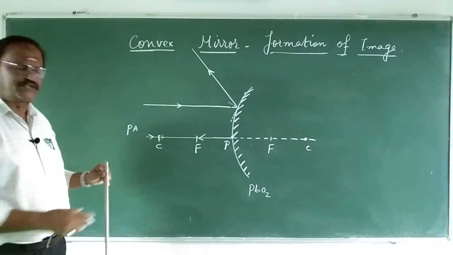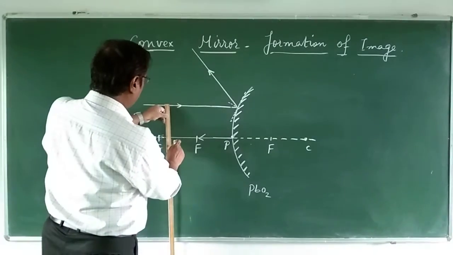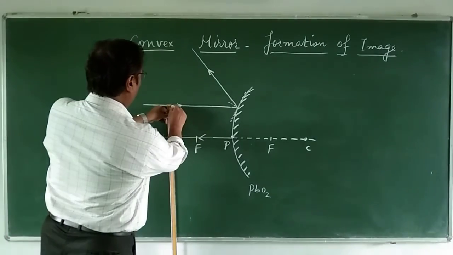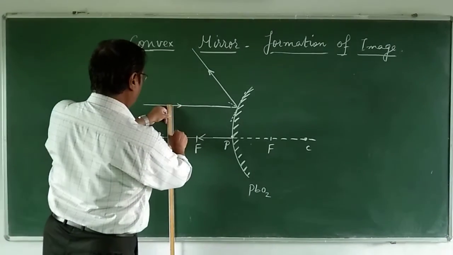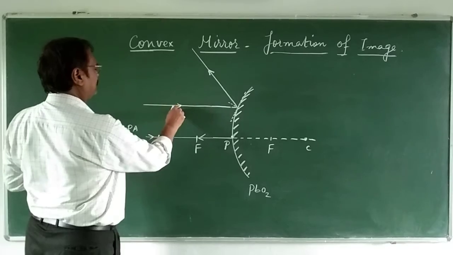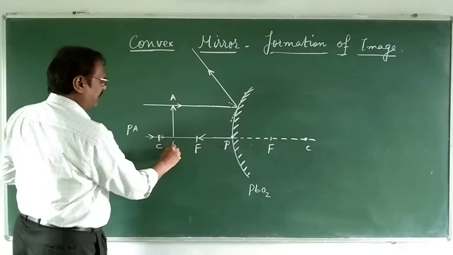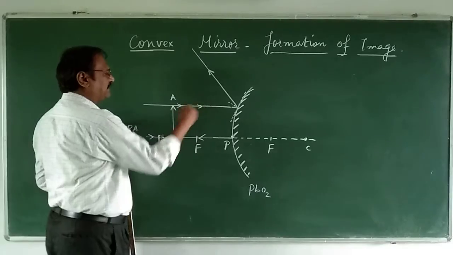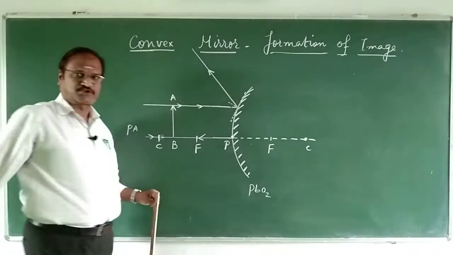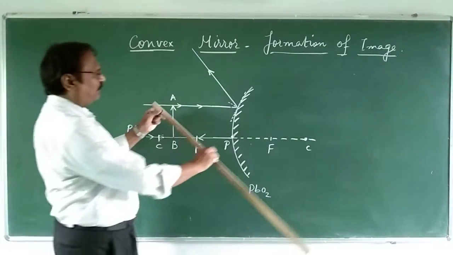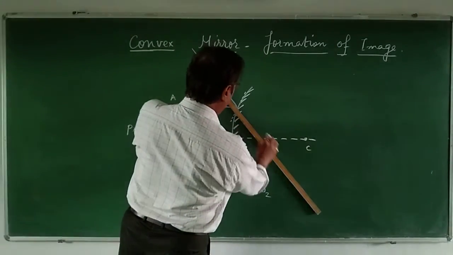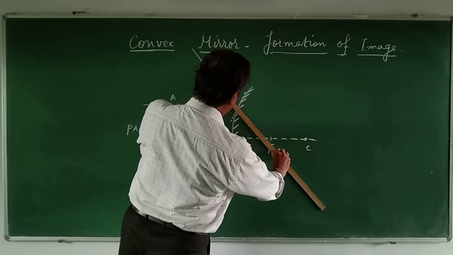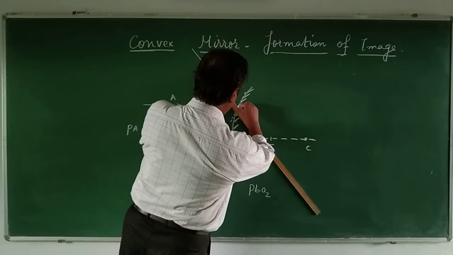Let us take an object between F and C. So this is A and this is point B. A ray which is parallel to the principal axis has diverged. And now the diverged ray, extended backward, should meet at the focus.